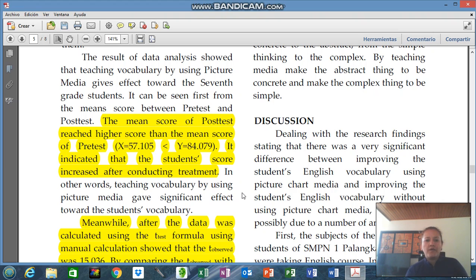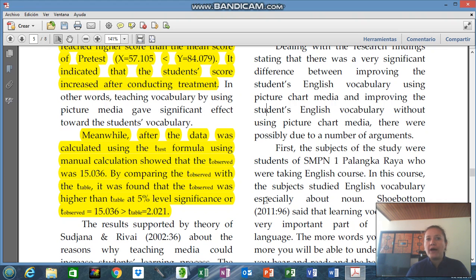The mean score for the posttest reached a higher score than the mean score of the pretest. X equals 57, Y equals 84. It indicates that the students' scores increased after the treatment was conducted. So after they were taught with the pictures, the score got higher.